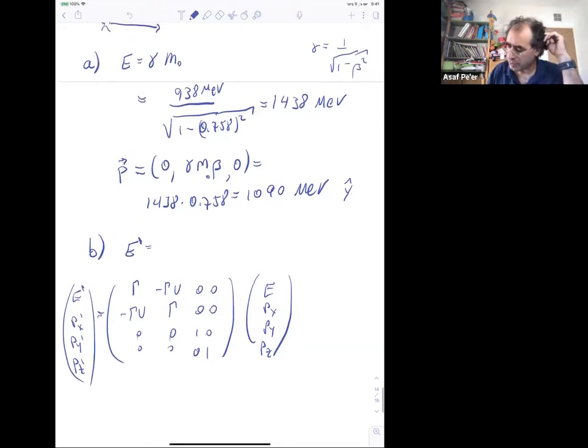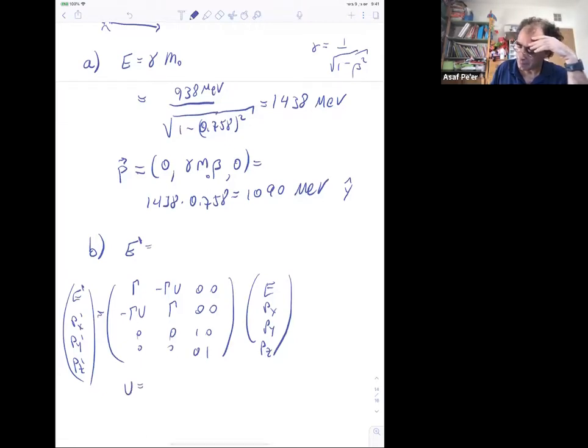So capital Gamma with U would be the velocity and the Lorentz factor of the S prime frame. And Gamma is just 1 over the square root of 1 minus U squared.